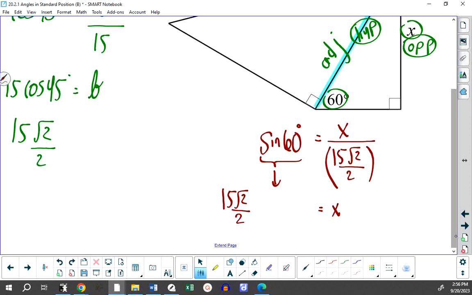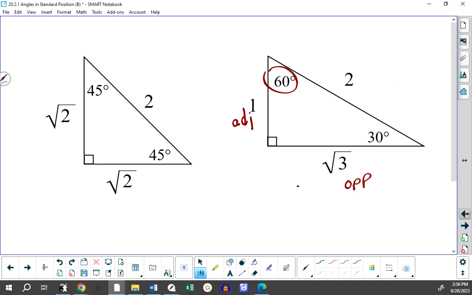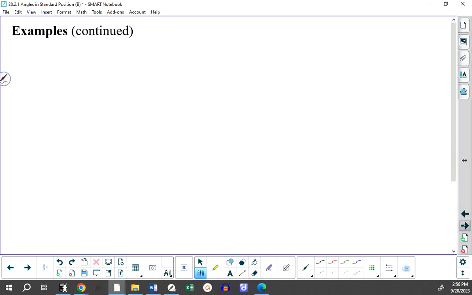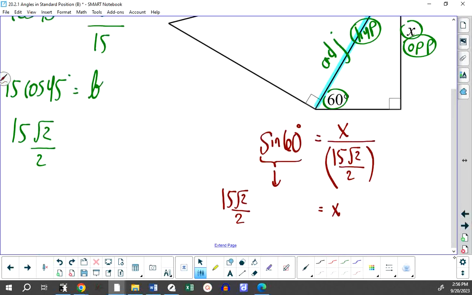Sine of 30 is 1/2. You will get it. But when I go back and look at that 60-30 degree triangle, sine of 60, opposite is here, hypotenuse is here, it's root 3 over 2. So we're going to have root 3 over 2.